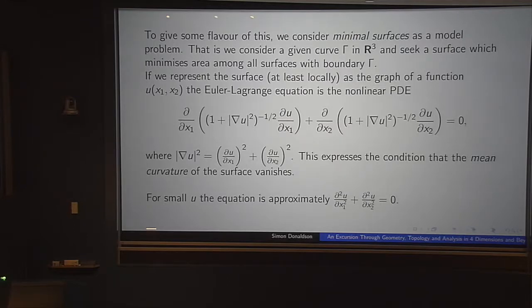But one point to make is that if we consider things that are close to being a plane, so if u is small, then to a good approximation we can ignore the quadratic terms, or more formally, we can look at the corresponding linearized equation, and that becomes something very simple. We get what's called the Laplace equation for the function u: the second derivative in the x1 direction plus the second derivative in the x2 direction is 0.